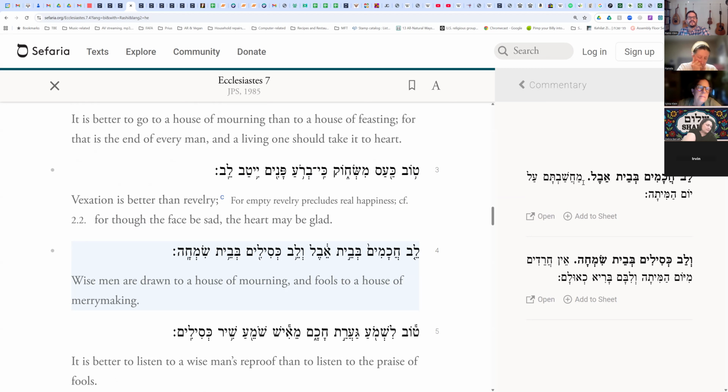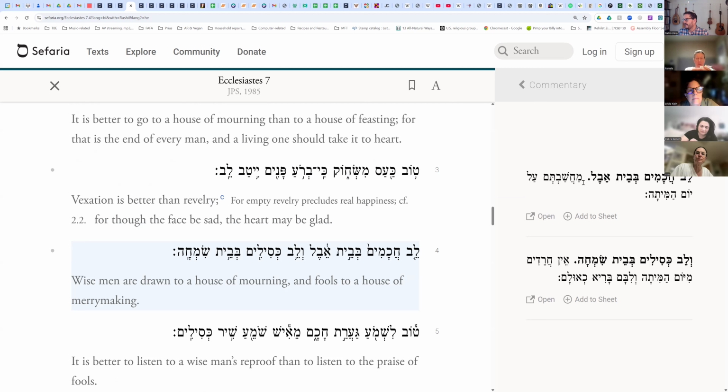And let's not forget that in terms of our holiday cycle, we're reading Ecclesiastes during Sukkot, and Sukkot has in it Hoshana Rabbah, which is a day of judgment, just like our Rosh Hashanah is a day of judgment, and Yom Kippur is the day in which the decree is sealed.